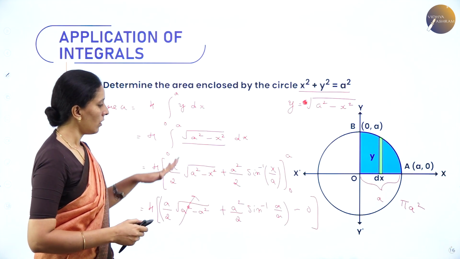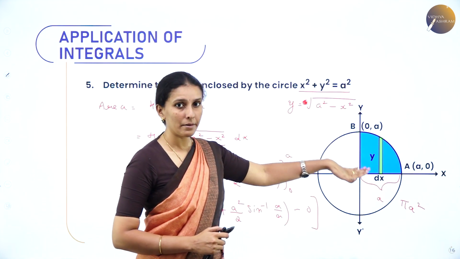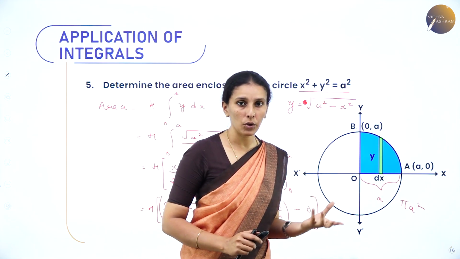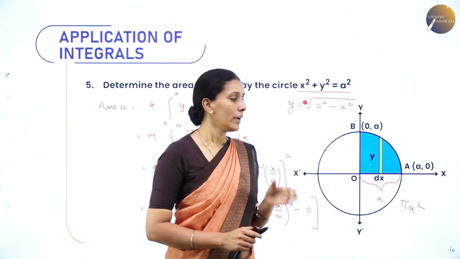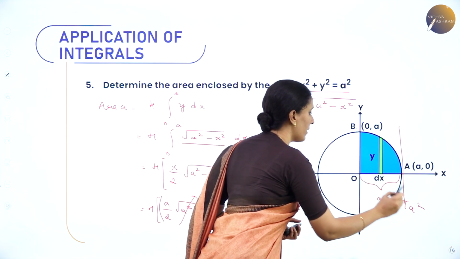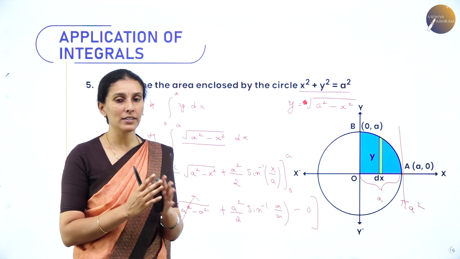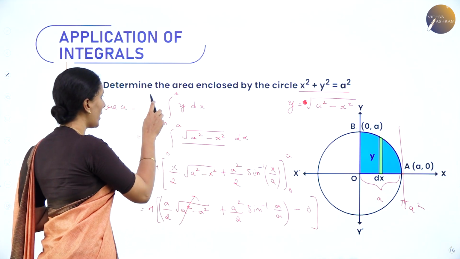Now, the same circle can be asked with the x-axis and giving the limits as x is equal to 1, x is equal to 2. So if the lines are given and they ask you to calculate only the area in the first quadrant, then no need to write 4.